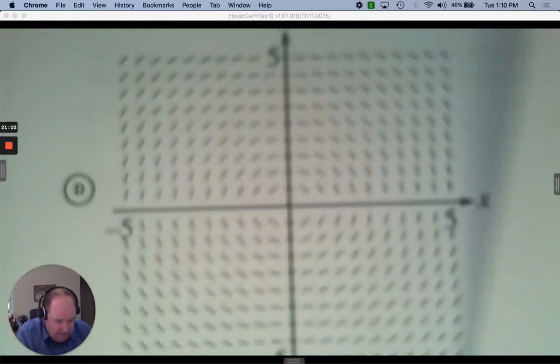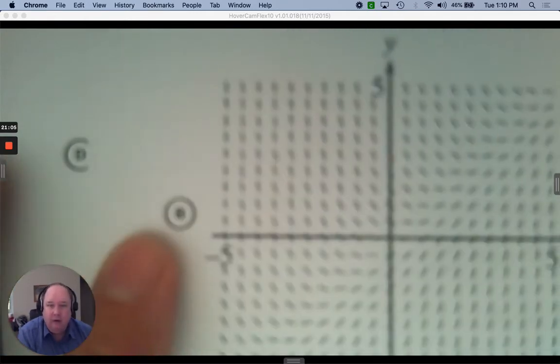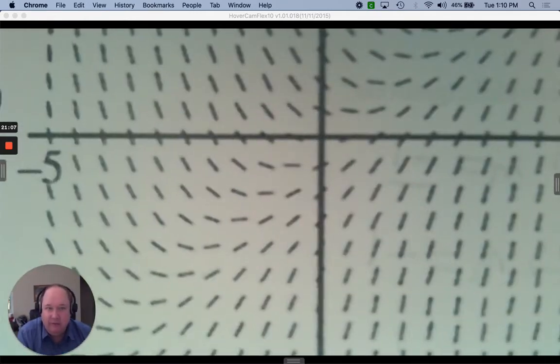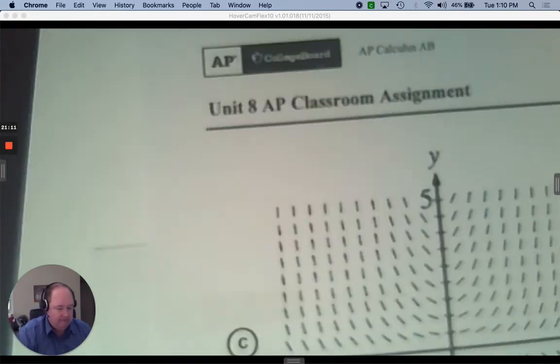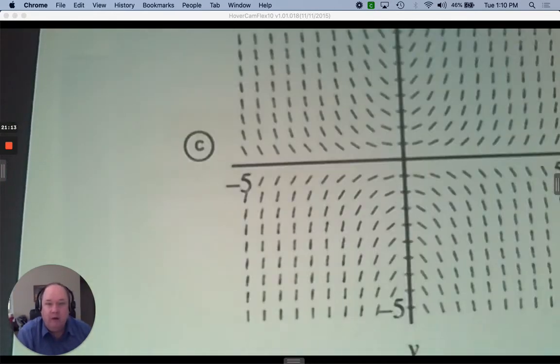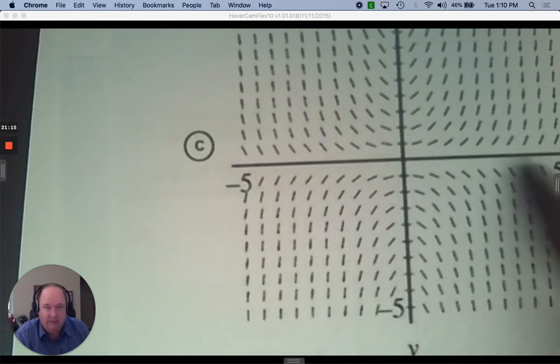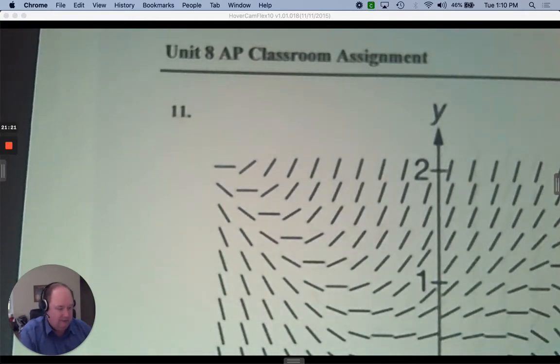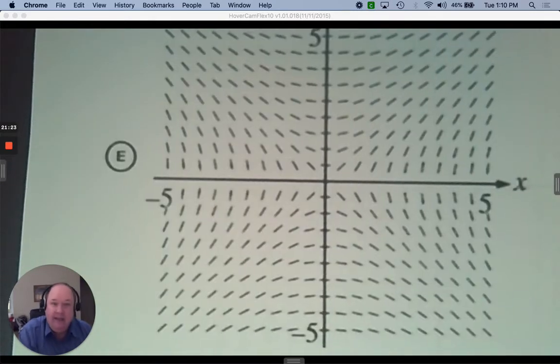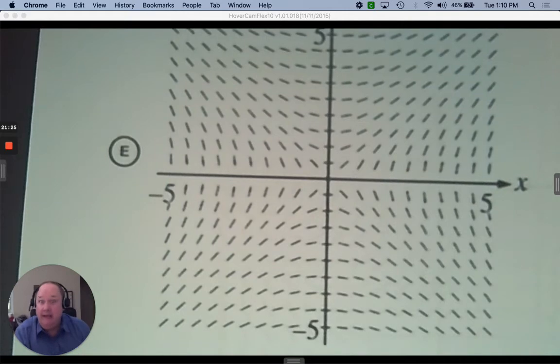Look at B. Look along the x-axis. Look at C. Look along the x-axis. Oh, it looks empty. Look at D. It looks empty. And then there's even an E, isn't there? And E, it's empty. So I already eliminated A and B.